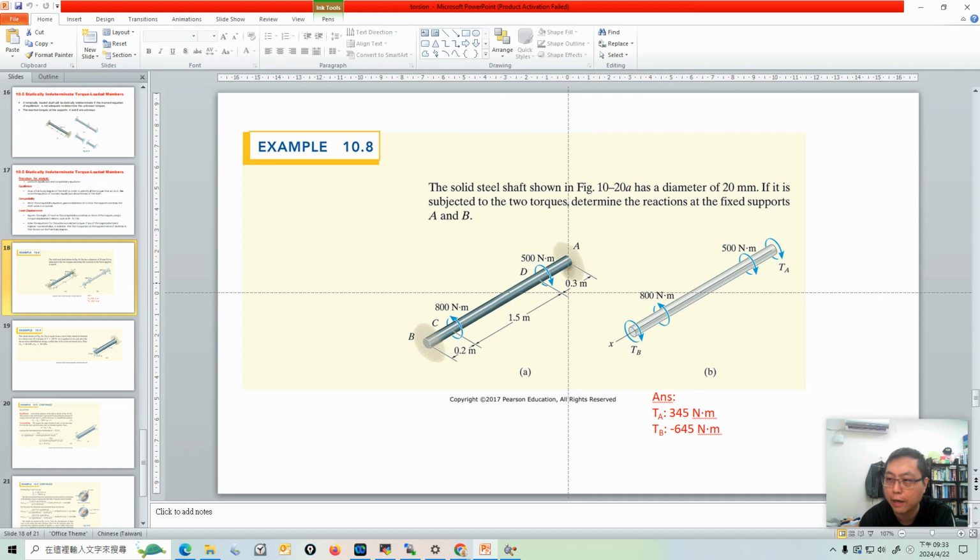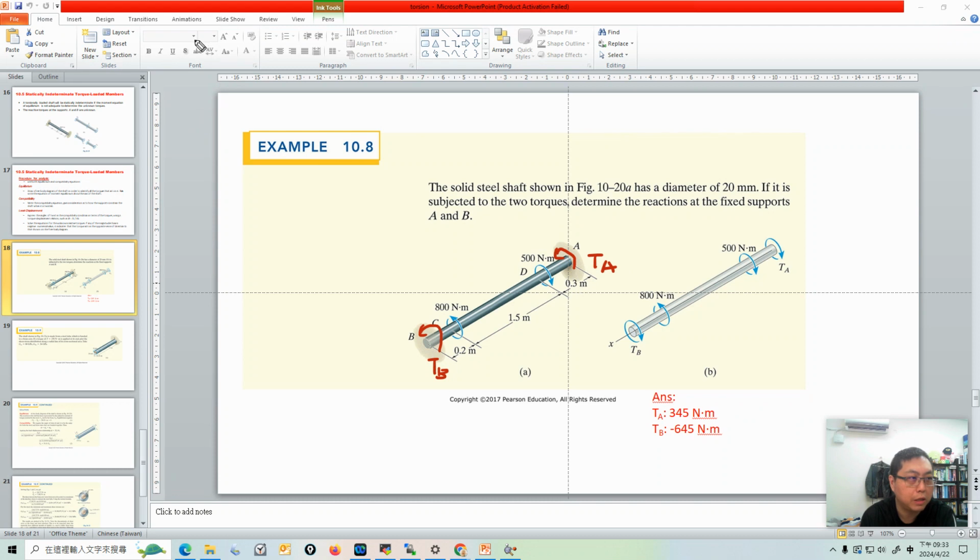I personally like to assume everything is counterclockwise, because counterclockwise means positive. So I assume TB and TA are both counterclockwise here.